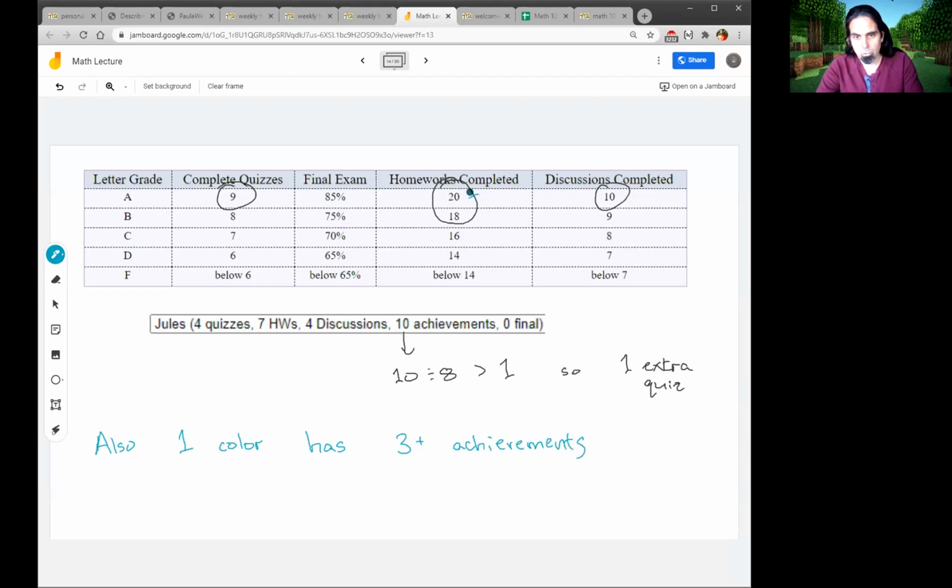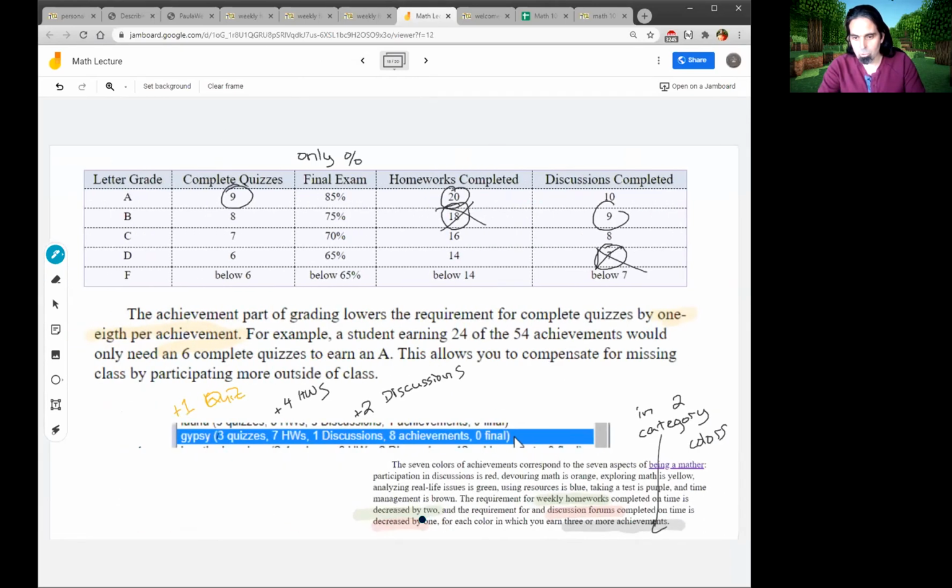So that's +2 for the homework and +1 for the discussions. So she's definitely in safe territory so far. And that's again that each color gives you 2 for the homeworks and 1 for the discussions.